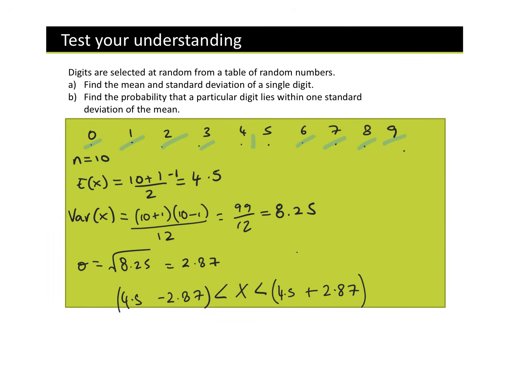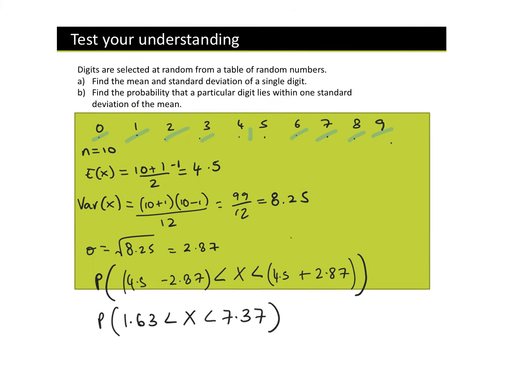Which is then going to give me, so we want the probability of this, which is the probability of 4.5 minus 2.87, 1.63, is less than x, less than 7.37. Okay, so we want x to be in between these values.